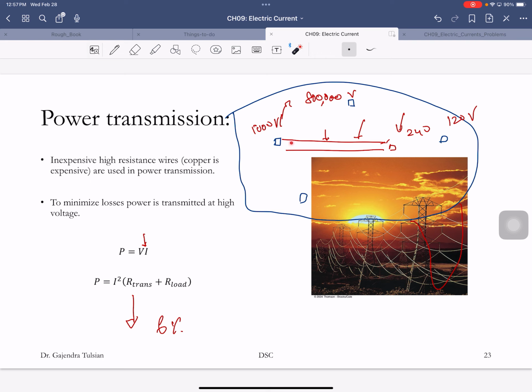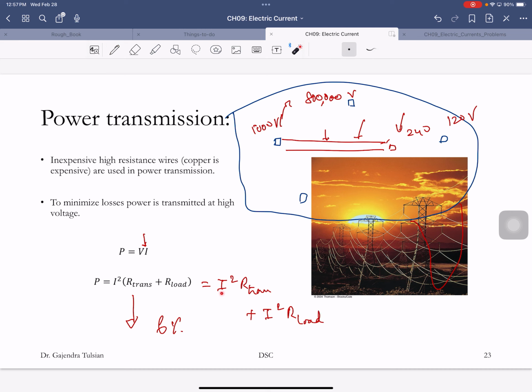This is the power lost in the transmission lines, and that is the load, what's in your house. So that's the power reaching your house. So this is I squared R transmission plus I squared R load.